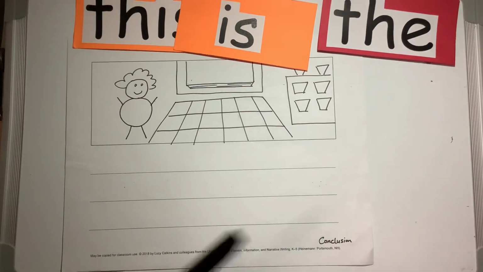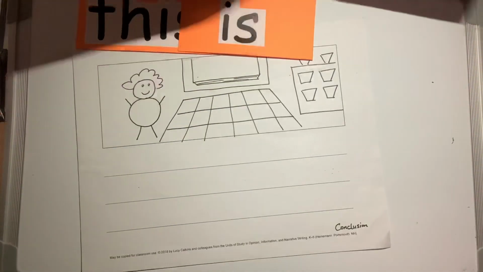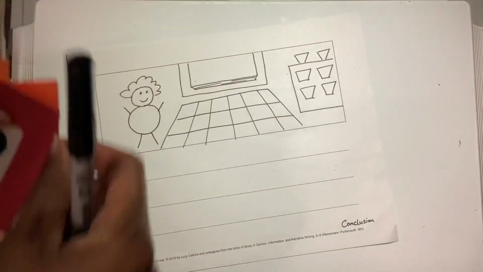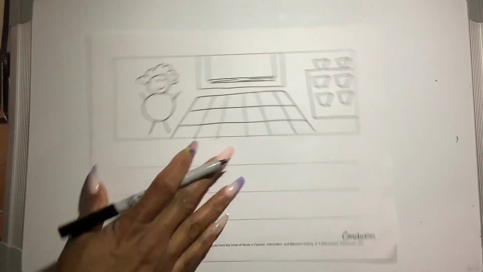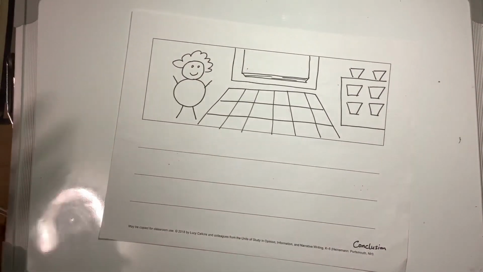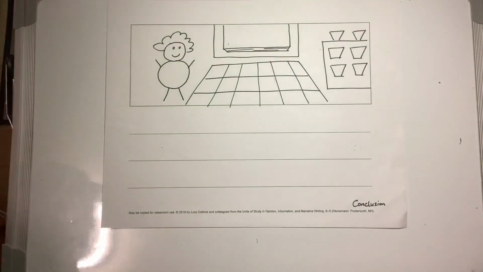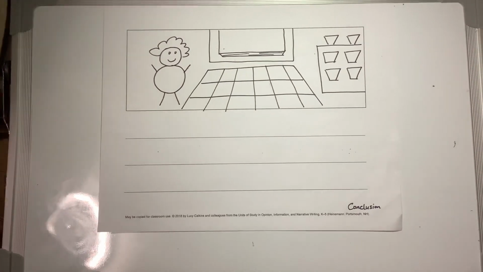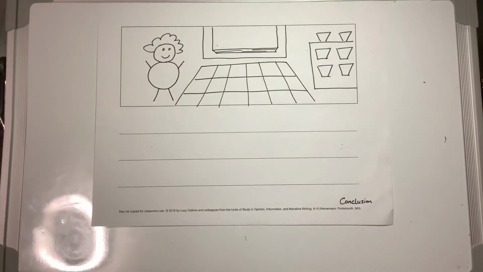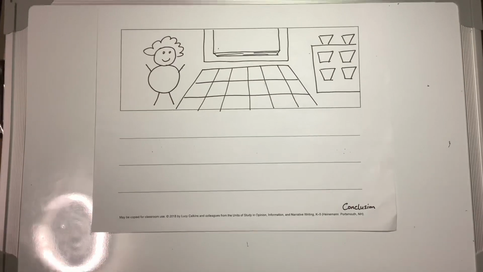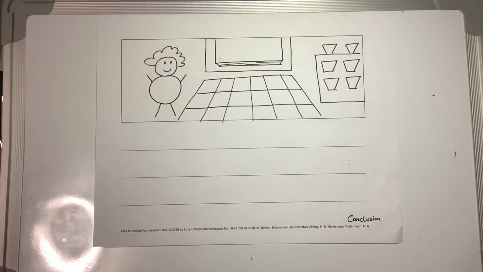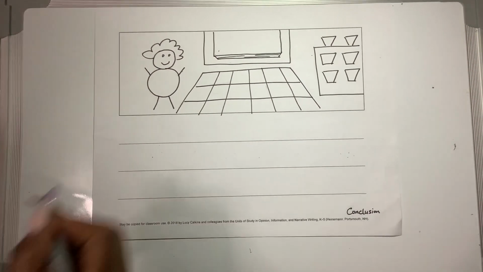And our conclusion page, we end with, now you know all about, and what was my topic? The classroom. And again, you can use your all about exemplar that has those words on it.